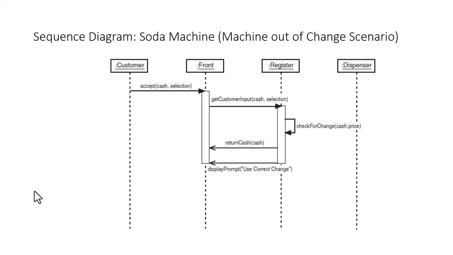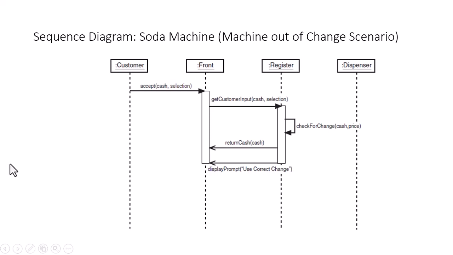This is the sequence diagram for the machine out of change scenario. If it is out of change, this is the same message, and check for the change, return cash. So if there is no change available, return change and display prompt use correct change.